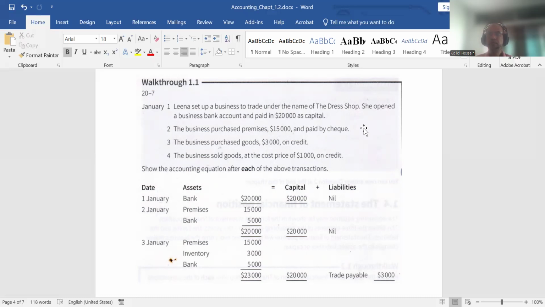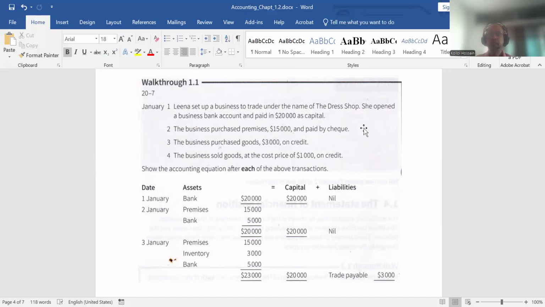So what will happen? Here we know the business is different from the owner. Now the business has a balance of 20,000 in the bank account.